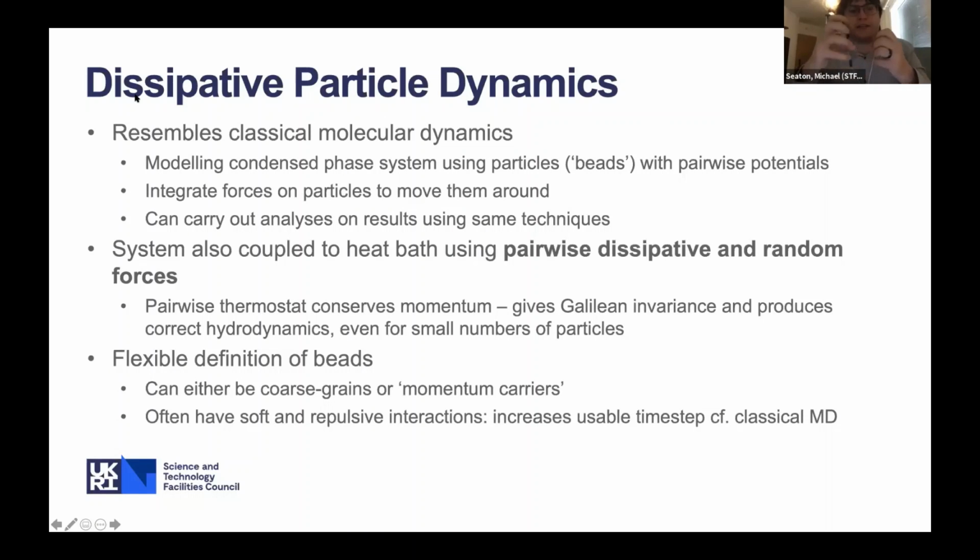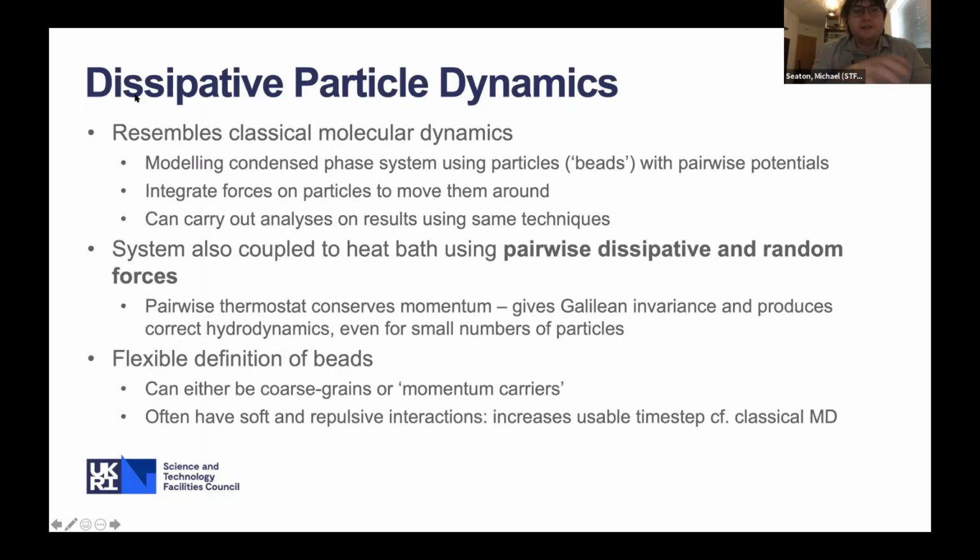So you're modeling particles moving around, and these particles interact with pairwise potentials, and those potentials give you forces that you can calculate, and then you can integrate the forces acting on each particle to move it around.